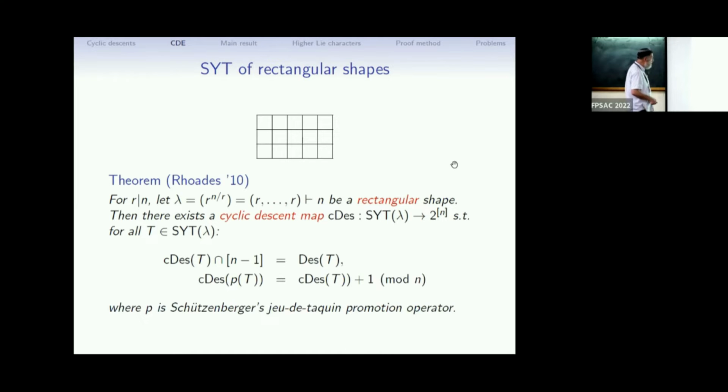And Schützenberger's Jeu-de-Taquin promotion, mentioned in the previous two talks, shifts the cyclic descent set by 1.